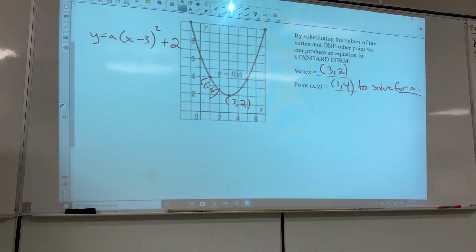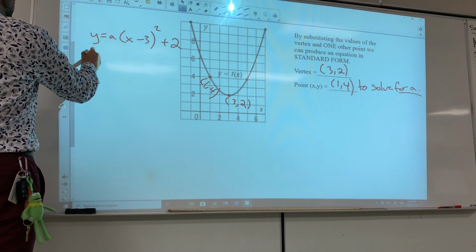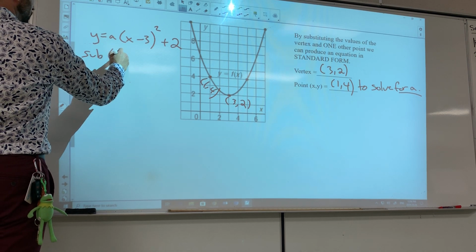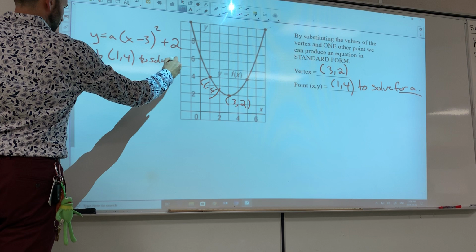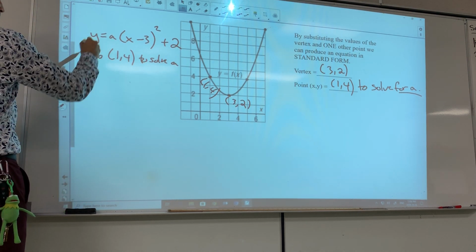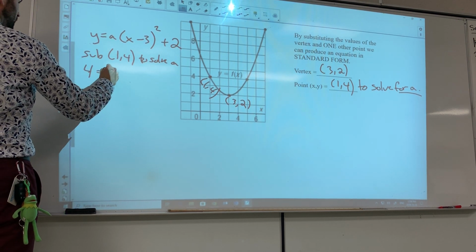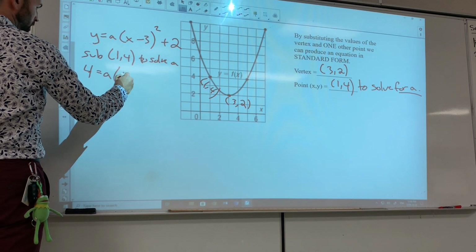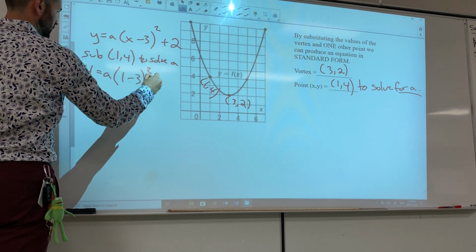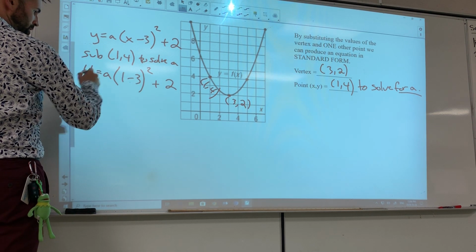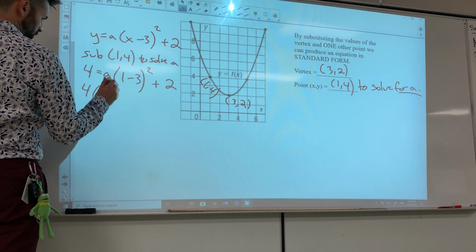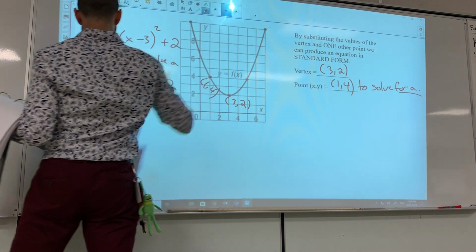Now I'm going to sub in 1, 4 to solve for a. So y is 4, a is a, x is 1. It might have been easier to plug in the other point, but who cares. Anyways, 1 minus 3 is negative 2. I'm going to show all my work, because it's my notes.